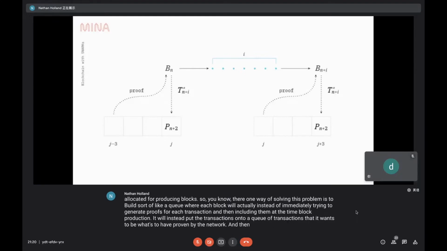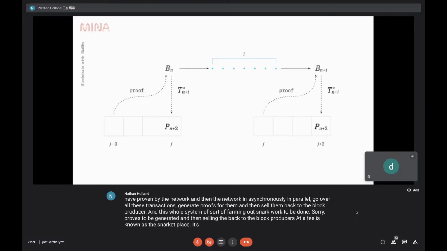And then the network can asynchronously, in parallel, go over all of these transactions, generate proofs for them, and then sell them back to the block producer. And this whole system of sort of farming out snark work to be done, proofs to be generated, and then selling them back to the block producers at a fee is known as the snark marketplace.